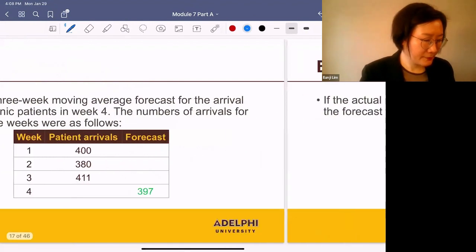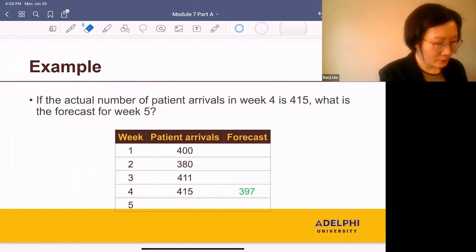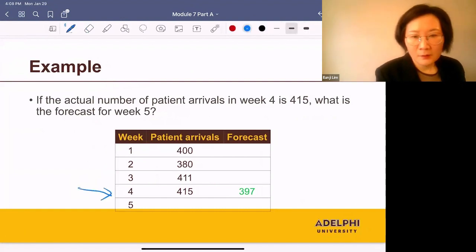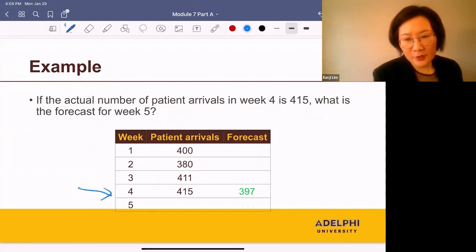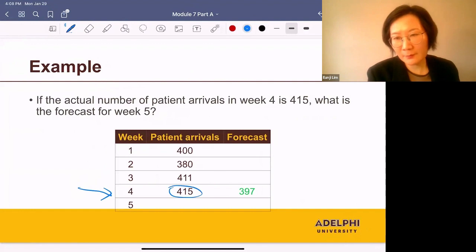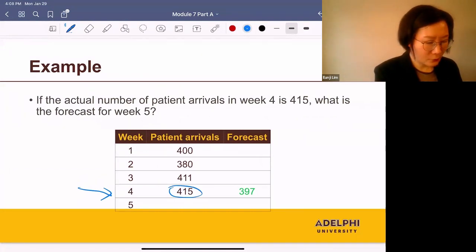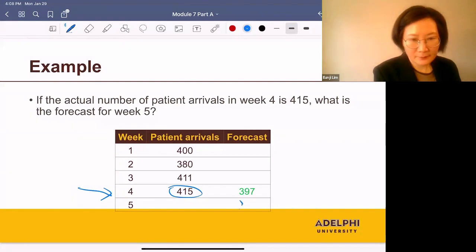Now time has passed and we are at the end of week 4. And we know how many patients actually arrived in week 4. We had 415 patients in week 4. Now, what's our forecast for week 5?